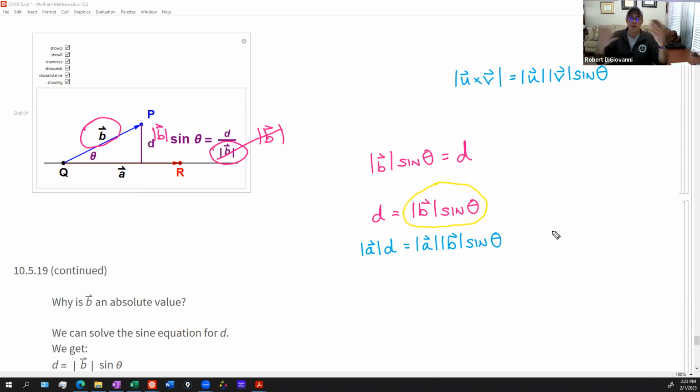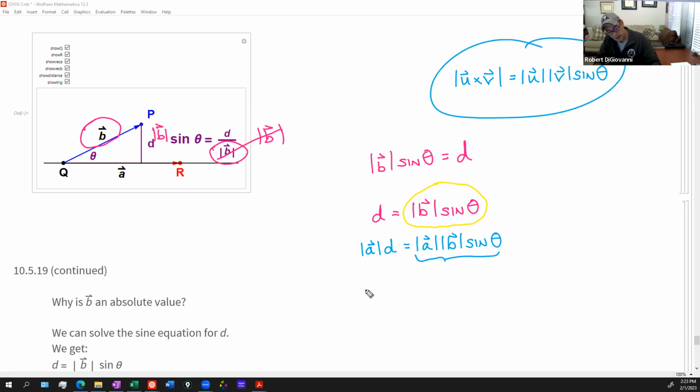I can always multiply both sides of an equation by some number as long as it's not 0. If I do that, what does the right-hand side become now? Just the magnitude of the cross product. That's this formula right here. So now I have the magnitude of A times D equals the magnitude of the cross product of A and B.